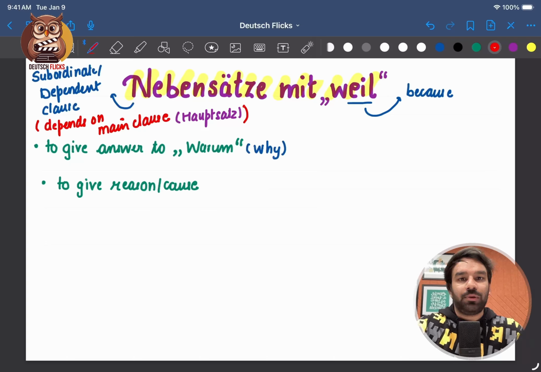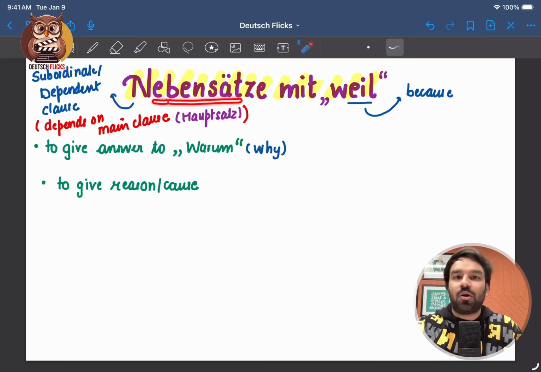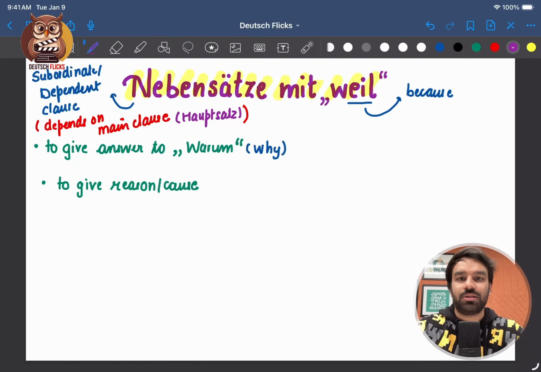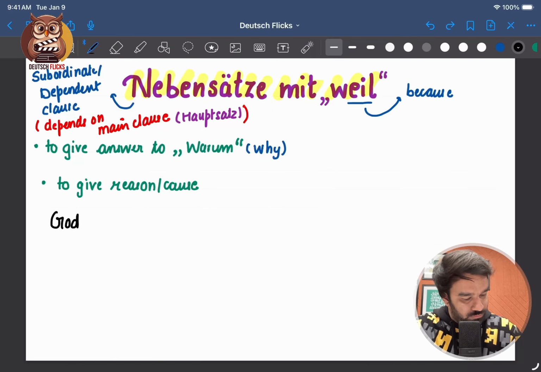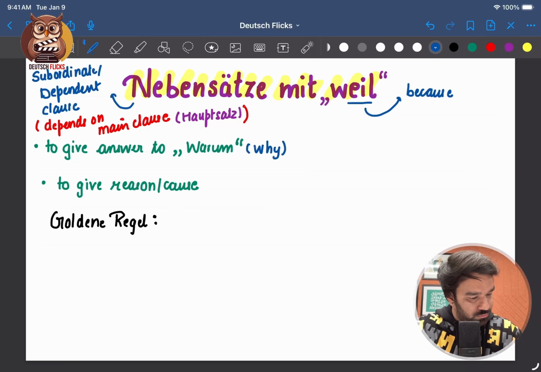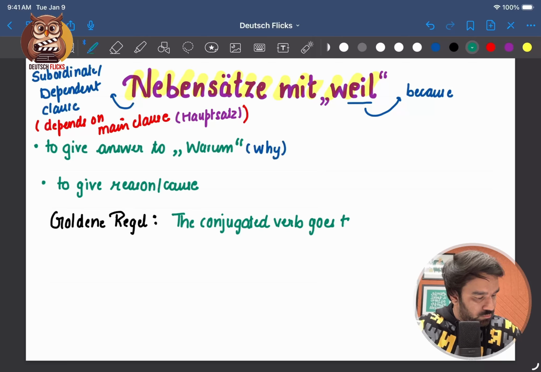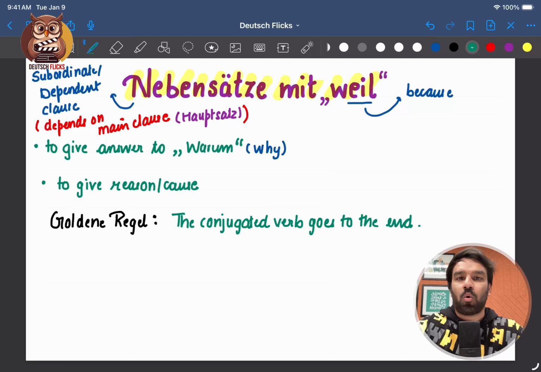Now at A2 level, like I said, you have to familiarize yourself with a lot of connectors, and they will be forming Nebensätze. And there is a golden rule associated with Nebensatz: the conjugated verb goes to the end.